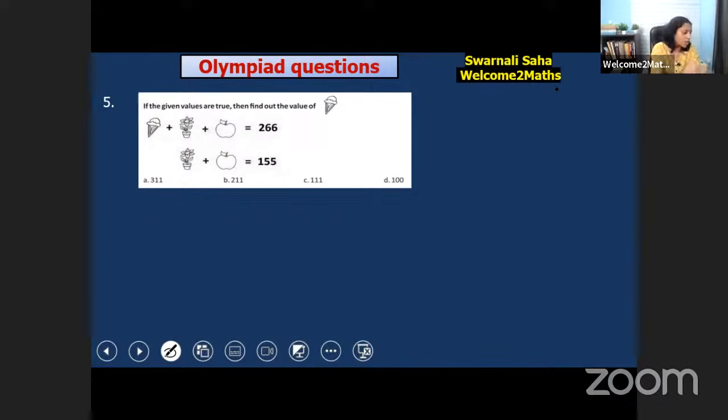Here you can see, first it is given 1 ice cream plus 1 flower vase plus apple is equal to 266. And here it is given that a flower vase plus apple is equal to 155. So we have to find out the value of ice cream.